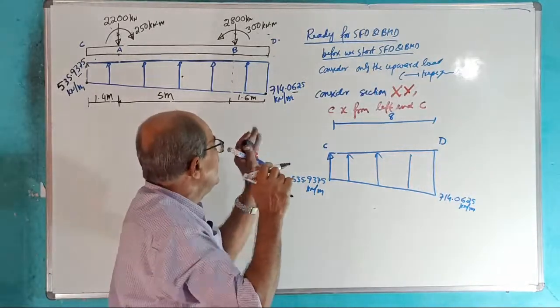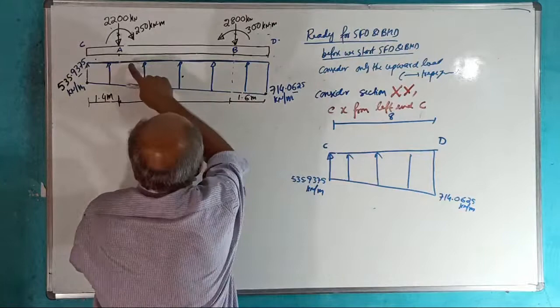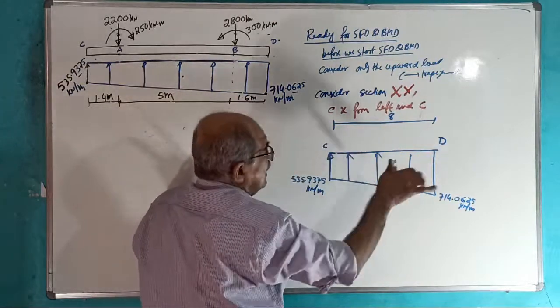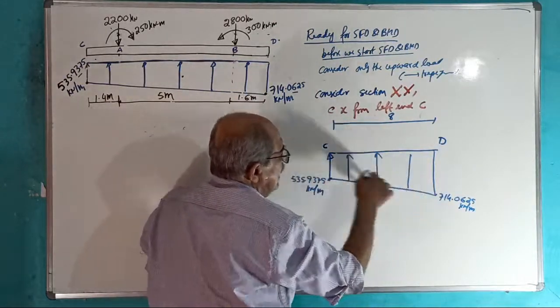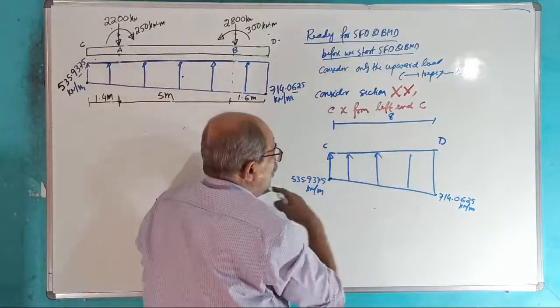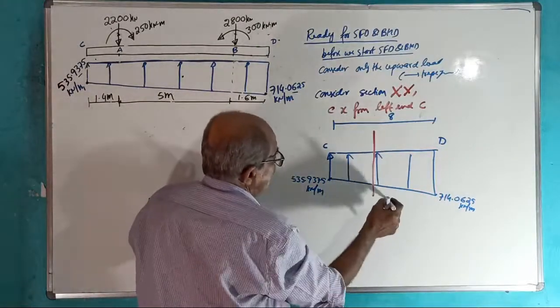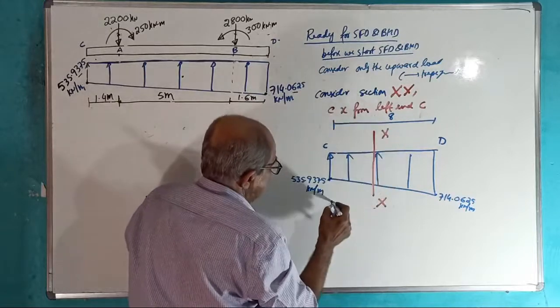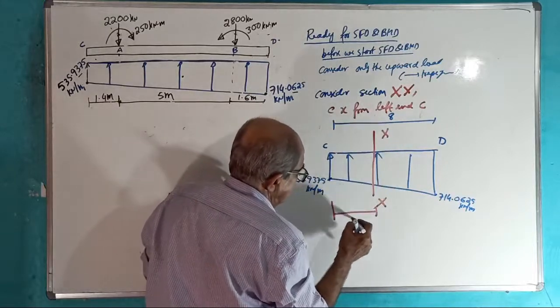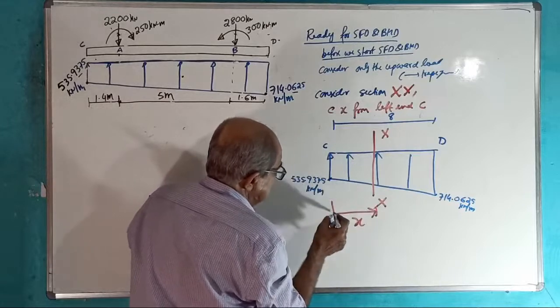The points A and B will not come here. From C to D it is a single variation. Section XX, I will take at X from here.